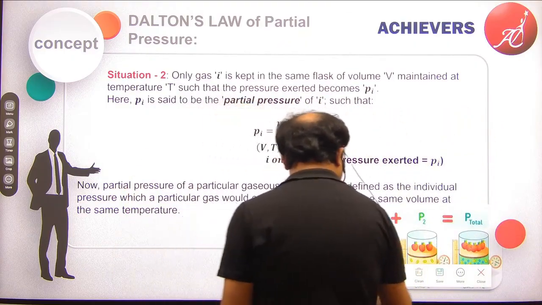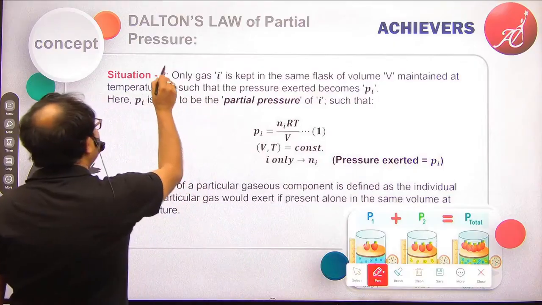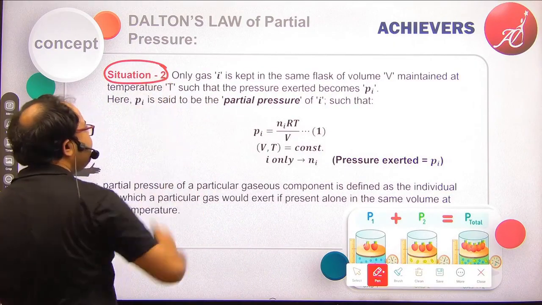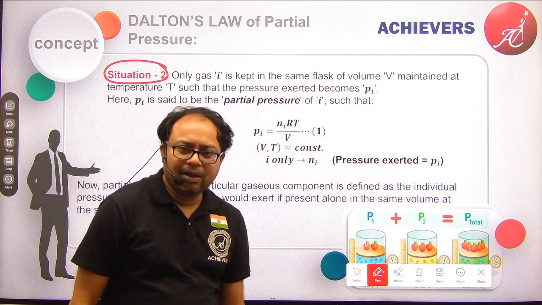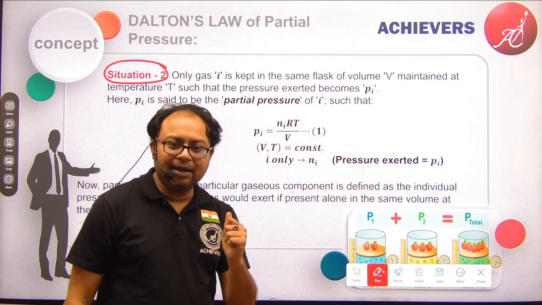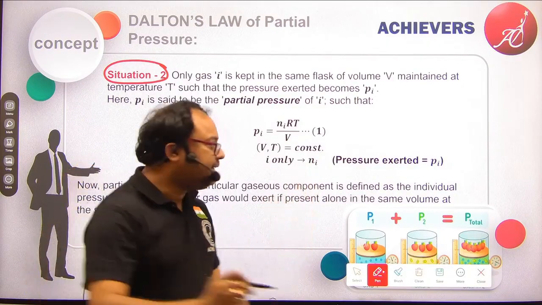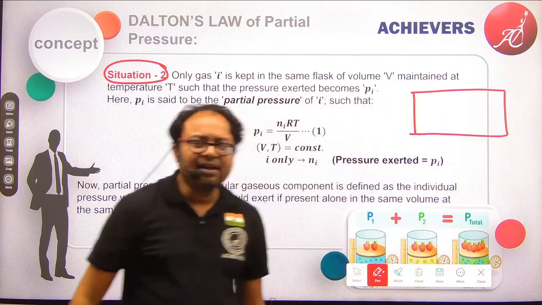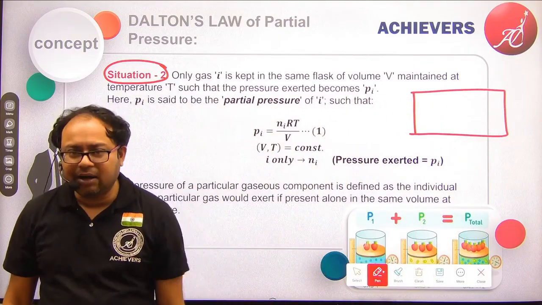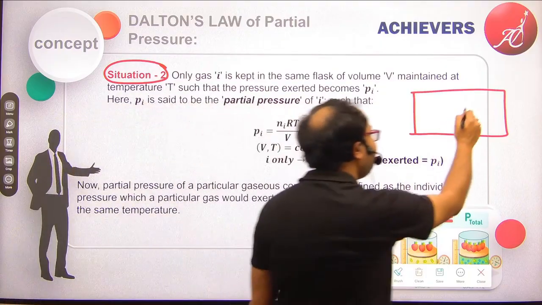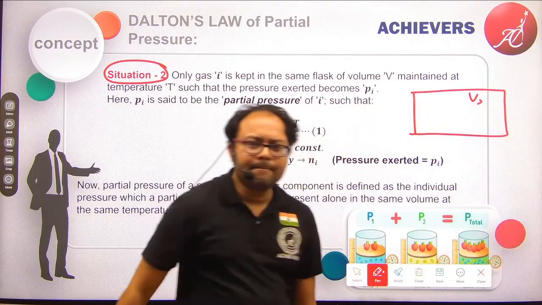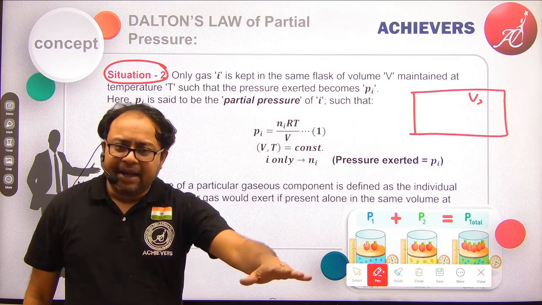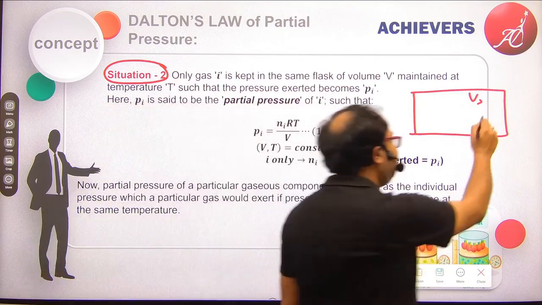Say, we're moving to situation 2. Now, what we are doing, we are taking the same flask that was taken in situation 1, whose volume was V. Even we are maintaining the same temperature, the temperature is constant.